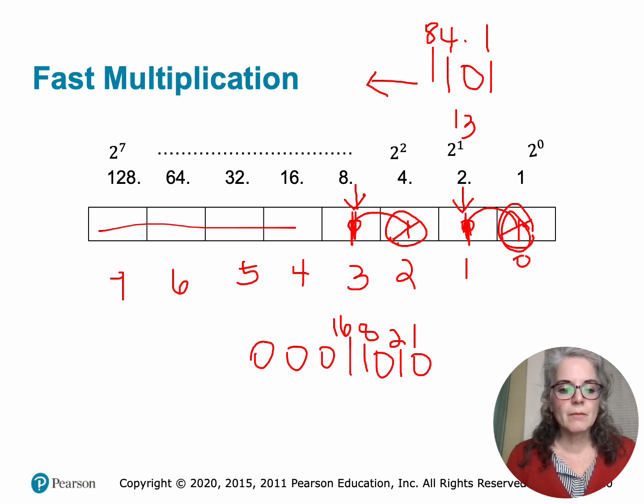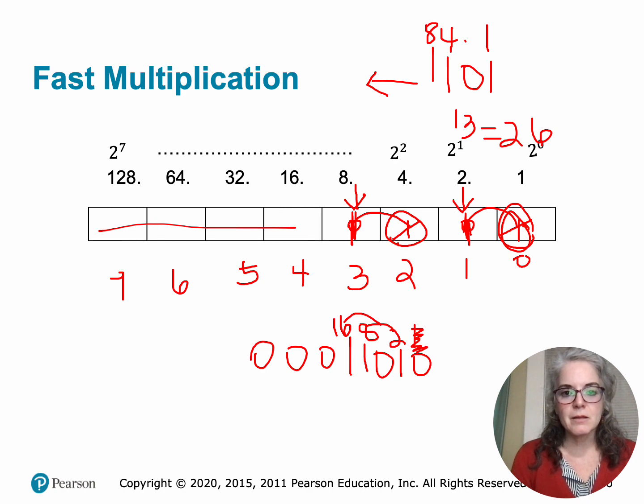So 8 plus 2 is 10, plus 16 is 26. And that's it, because I'm not using the 1. I was like, wait a minute, got 27. Okay, so I'm not using the 1 because bit 0 is 0. So I have 2 plus 8 plus 16, which is the double of 13, 13 times 2, which is 26. Okay, so try some of those by yourself and make sure you understand how to do that math.